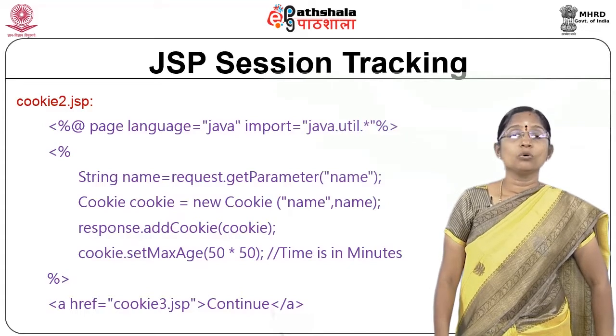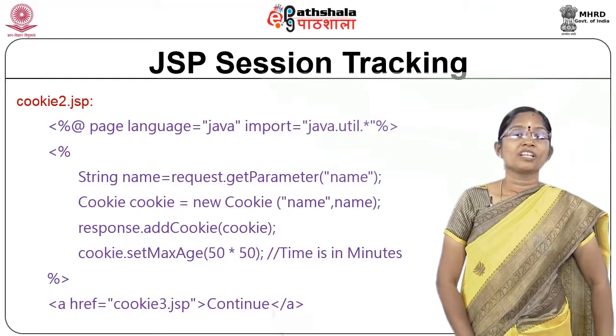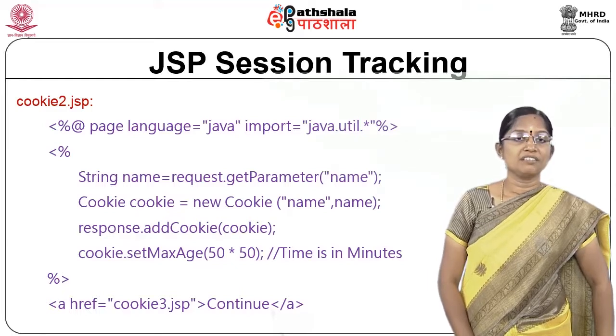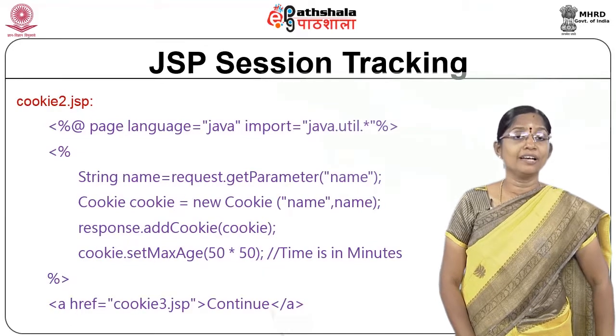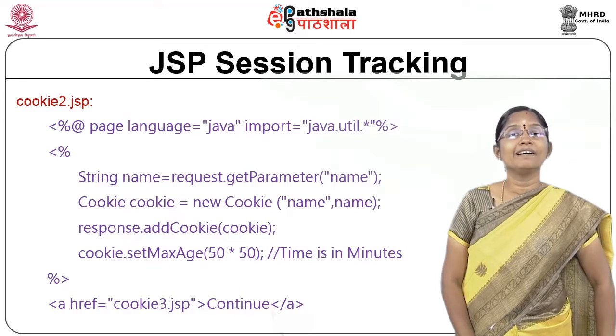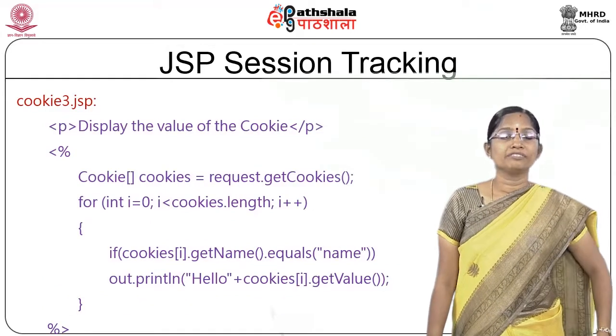Then the age of the cookie is set as 50 times 50, with the time in minutes, some 50 minutes. And it has given an anchor tag cookie3.jsp. If you click on it, it will display the value of the earlier cookie which has been created.